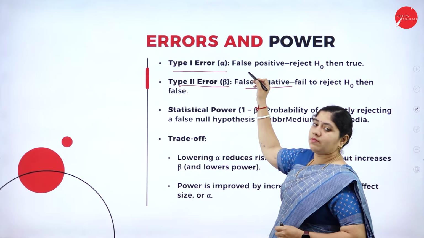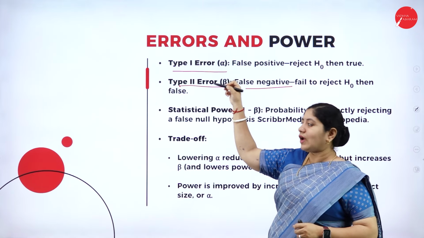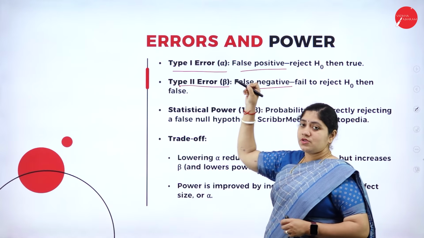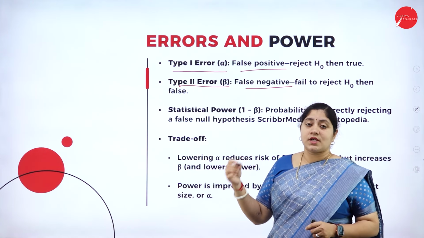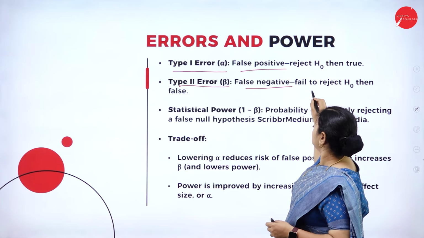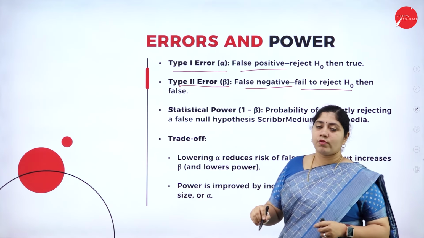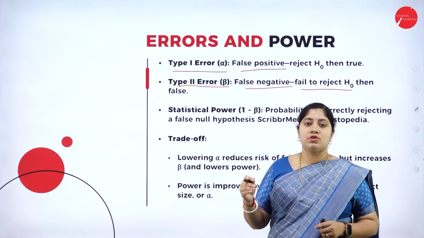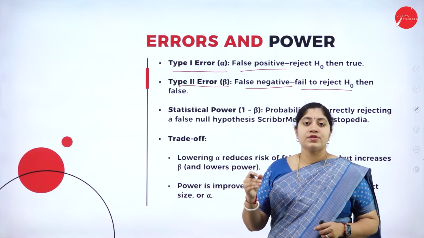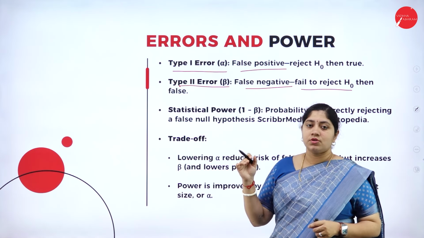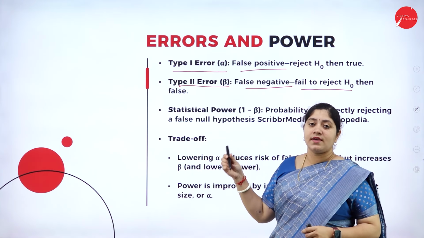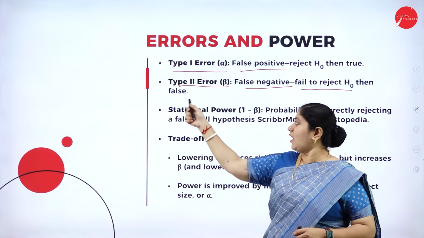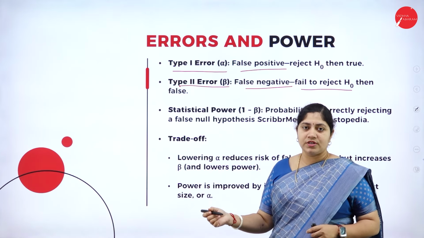At that point of time, the kind of error we define is called a false positive, which is nothing but a type 1 error. The second one is whenever we fail to reject the null hypothesis when it is false. So that is a false negative. At that point of time, the error caused can be noted as type 2 error or beta.